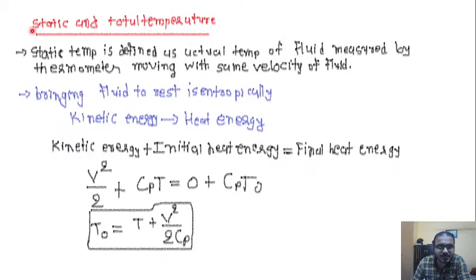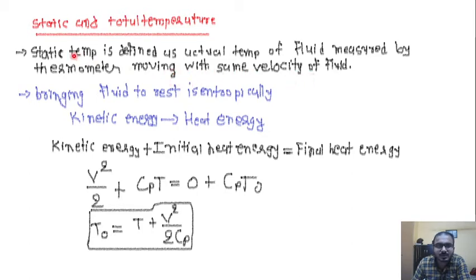Then we discussed the static and total temperature. The static temperature is defined as the actual temperature of the fluid measured by a thermometer which is moving with the same velocity as the fluid.